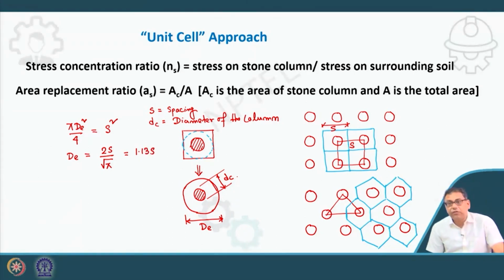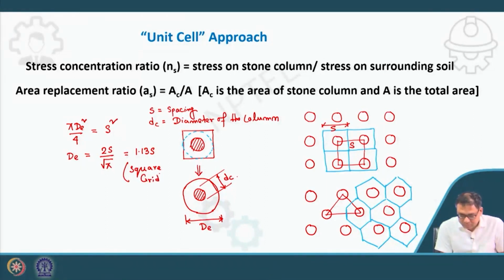So for the square grid, the equivalent diameter of this equivalent area is 1.13S. That is for the square grid, or square pattern.